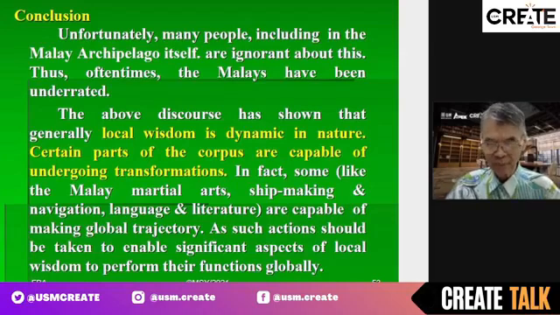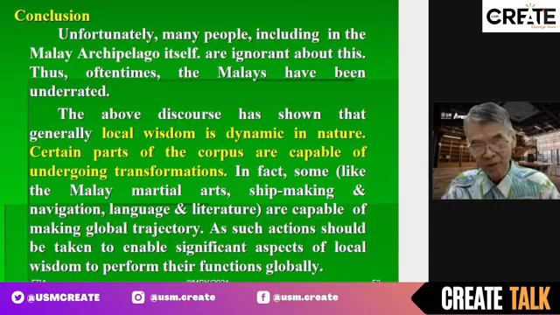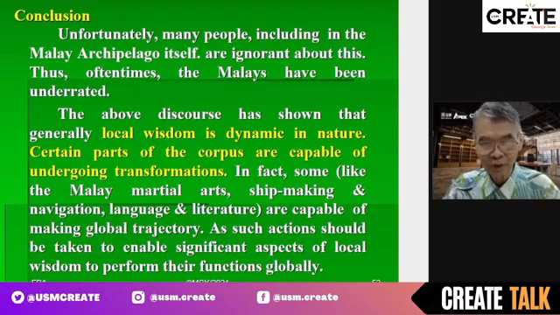The reason why, when I first got myself involved in the activities of local wisdom, I've been telling my friends not to only do research with regard to what has been achieved, but also try to project how this local wisdom could be made global.